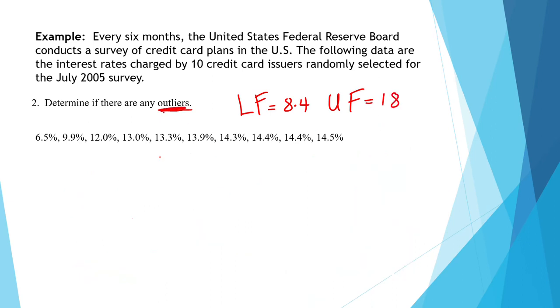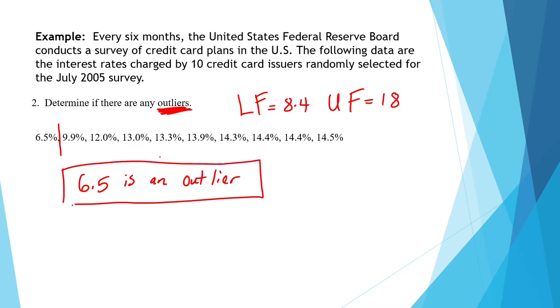To see if there are outliers, we have to check if anything is outside our fences. Is there anything that's less than 8.4 in the data set? I look at my data set, and 6.5 is less than 8.4, so 6.5 is an outlier. And then I look at the upper fence.